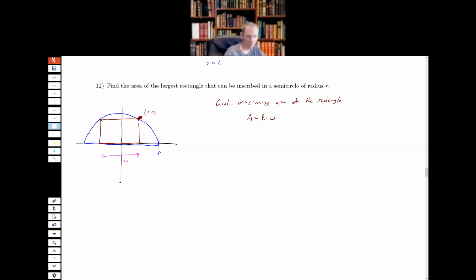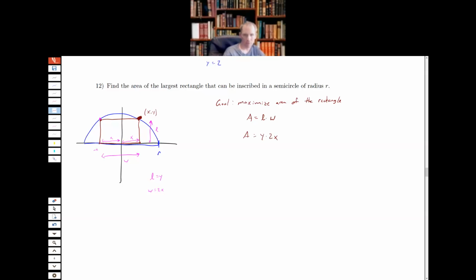Here's the width, here's the length. The length is just equal to this y value. And the width, well, I know from here to here is x, and since circles are symmetric, this will be negative x. So this distance is also x, so w is 2x. So the area is going to be y times 2x.